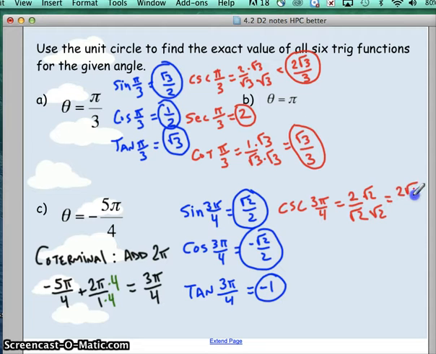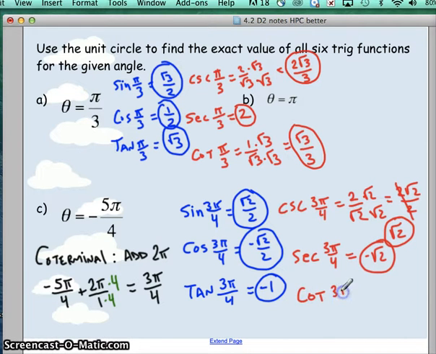So we would get 2 radical 2 over 2, the 2's cancel, and we would just get radical 2. Same thing would happen with secant. We would flip this fraction and go through this whole process. The only thing different is the negative sign. So we would get negative radical 2.